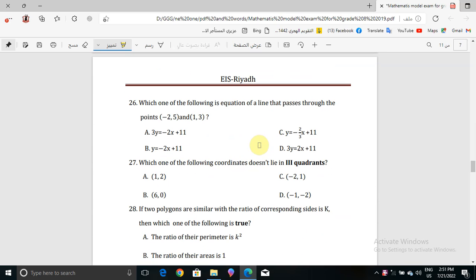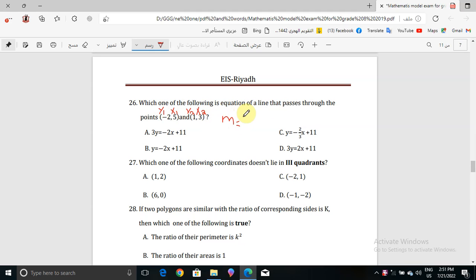Okay, now question number 26, which one is the following equation of a line that passes through the points negative 2 and 5 and 1 and 3? What we will do here, first of all, we will take negative 2 as y1, and 5 as x1, and 1 will be y2, and 3 will be x2. As we know, to find the slope, m is equal to the change of y over the change of x.